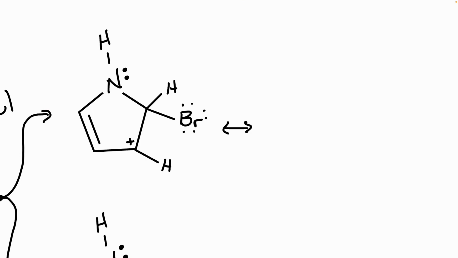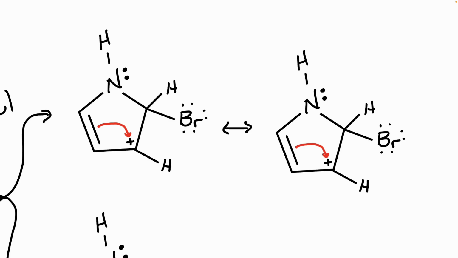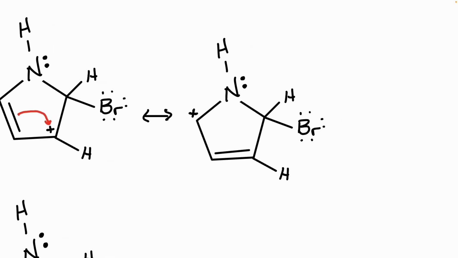All right, so in my first structure, I have this allylic positive charge. Okay, so that can accept that pair of pi electrons and bounce that double bond over here. And now we have a positive charge over here on this carbon. Now, is there another resonance contributor I can draw?